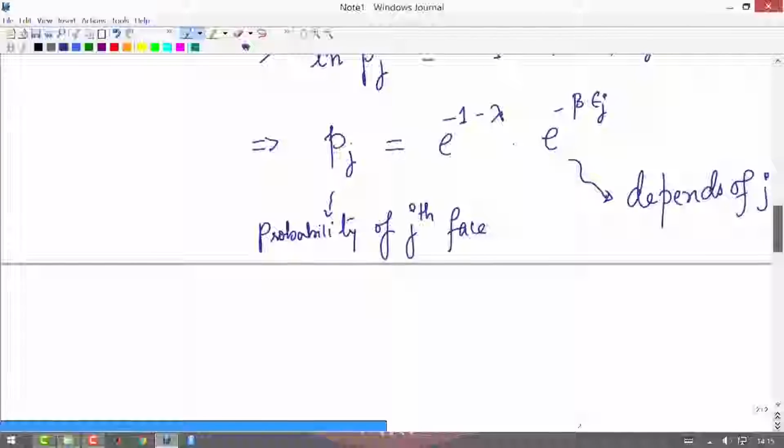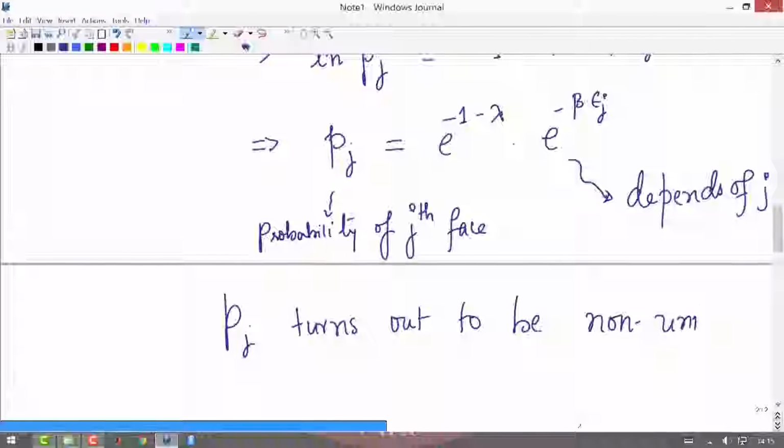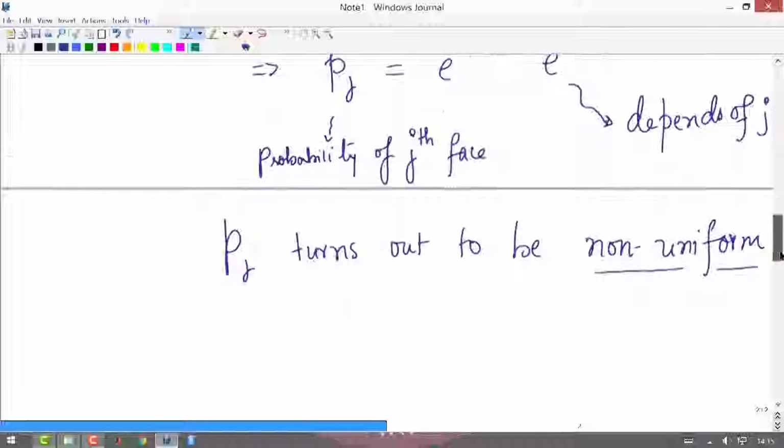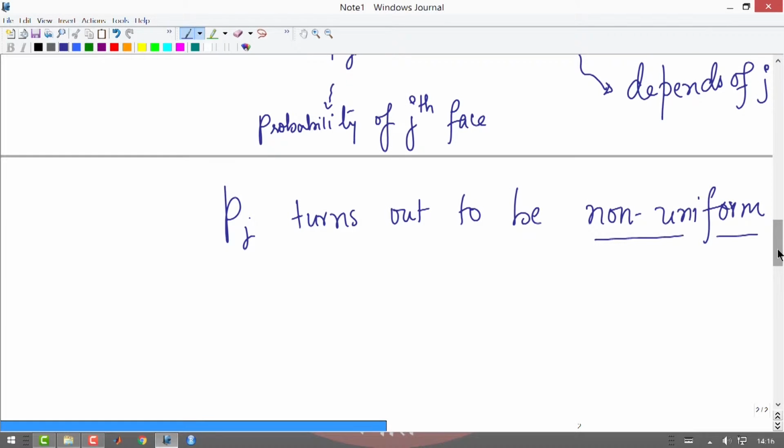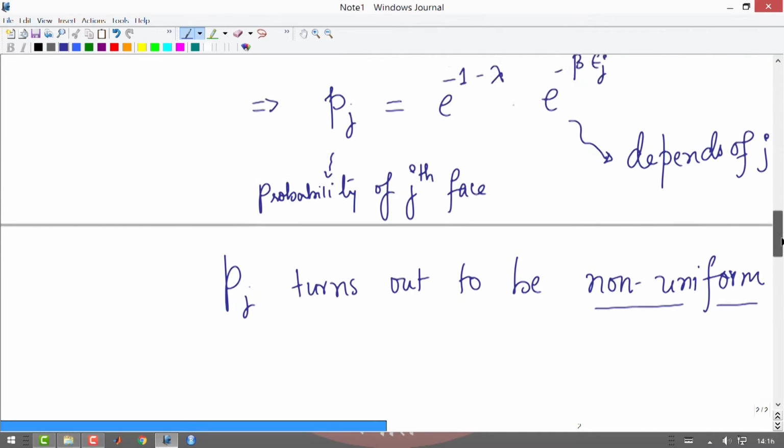So, this is called a non-uniform PDF. Hence we will say that Pj turns out to be non-uniform. So, with the extra constraint that we had taken, our PDF has now become non-uniform, and this is actually a Boltzmann PDF, Maxwell-Boltzmann PDF, we shall see.